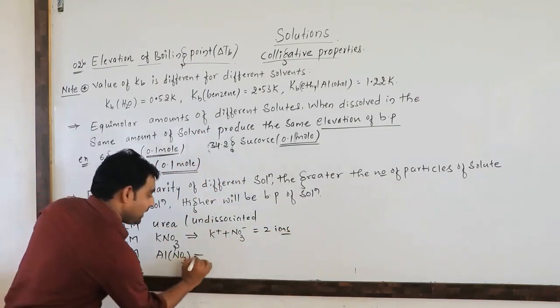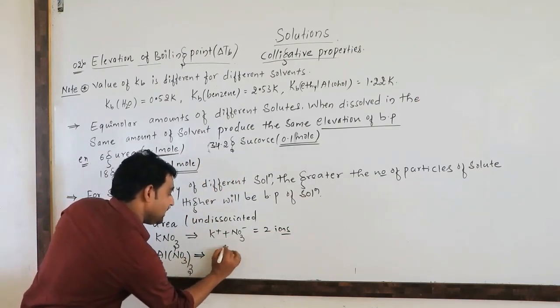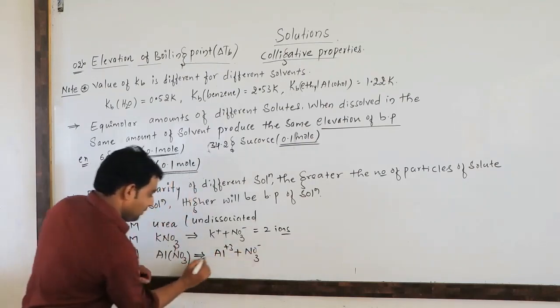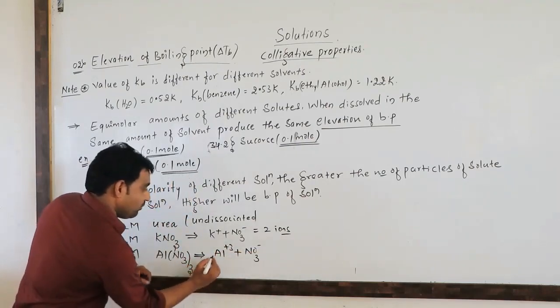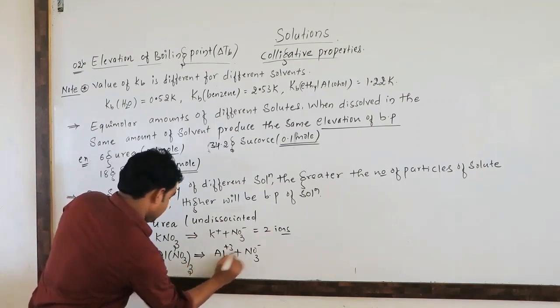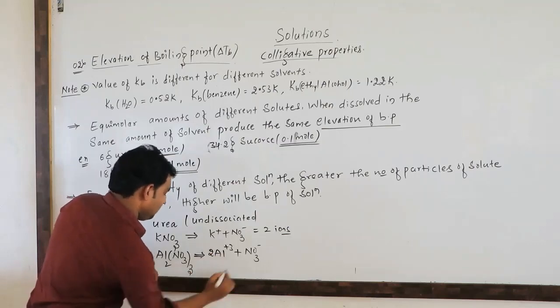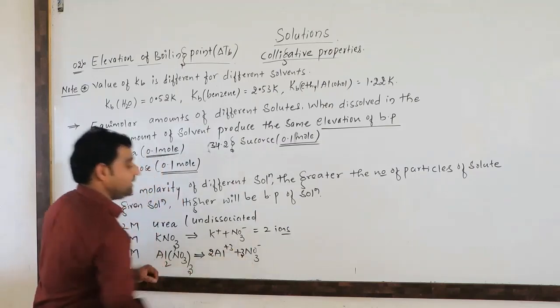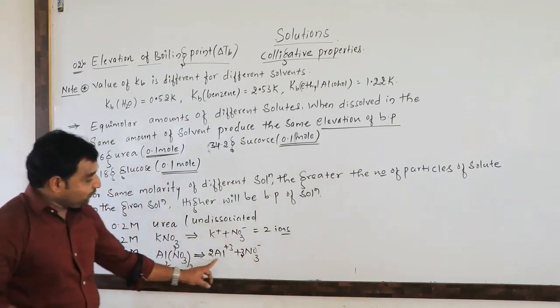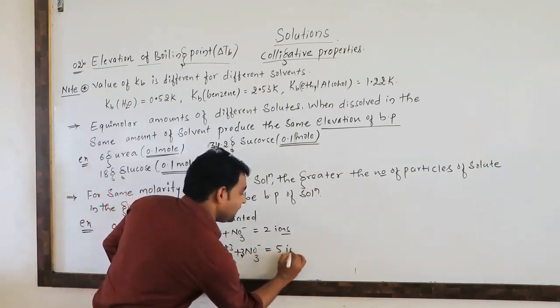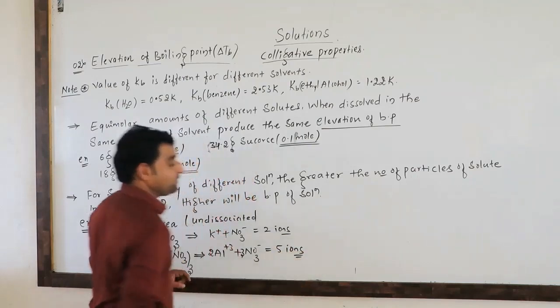In the case of Al2(NO3)3, it gives 2 Al3+ and 3 NO3-. The total number of ions is 2 plus 3, that is 5 ions, or 5 moles of ions.